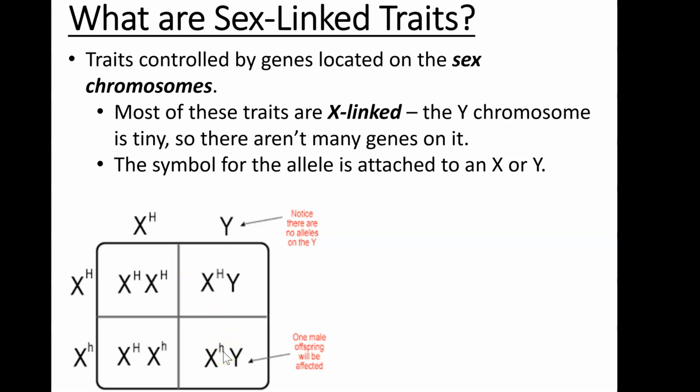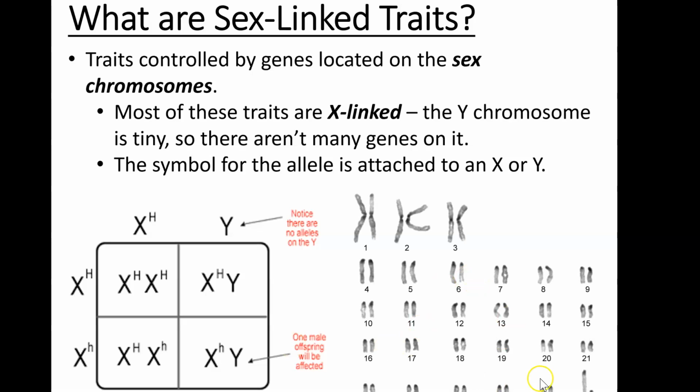If little h represents the abnormal condition, which is hemophilia, then this male would have hemophilia. This female would be completely normal because she has big H, big H. This female would have a phenotype of being normal, but she's what is known as a carrier because she does carry that recessive h allele that codes for hemophilia, and she can pass on that hemophilia allele to her offspring.